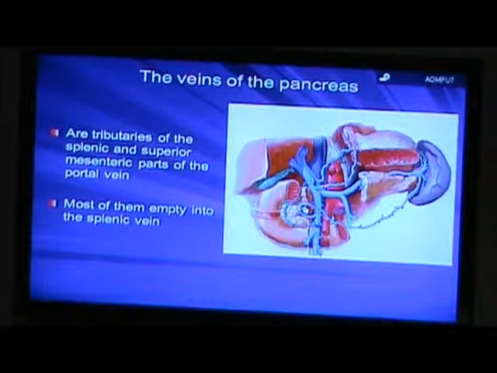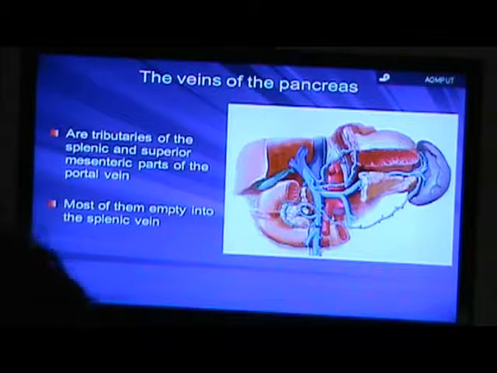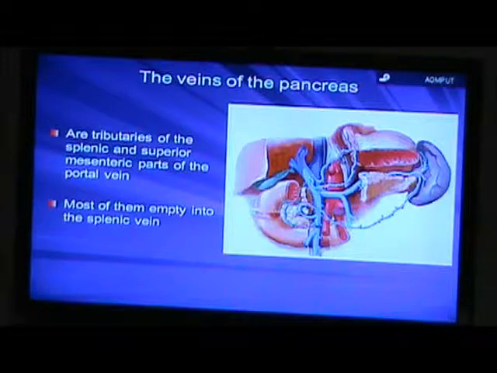Look, now the neck of the pancreas is removed to show us the union of the splenic vein and the superior mesenteric vein. And next the portal vein is formed. Very important, today we will talk about it. Most of the veins empty into the splenic vein, which passes posteriorly to the pancreas.